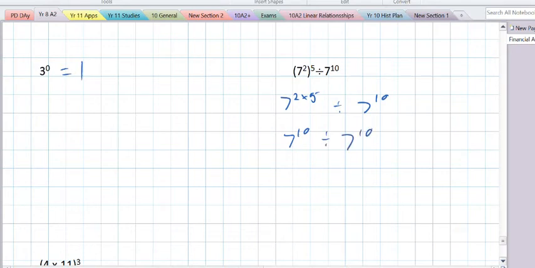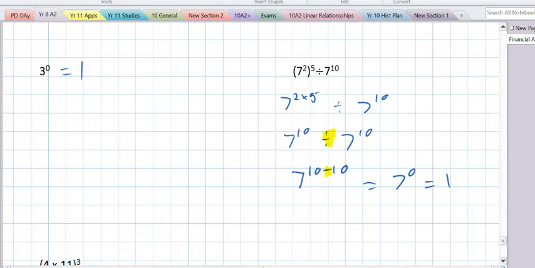You get 10, take 10 because we're dividing. So that division is the subtraction, which you're right gives us 7 to the power of 0, which is 1. Good.